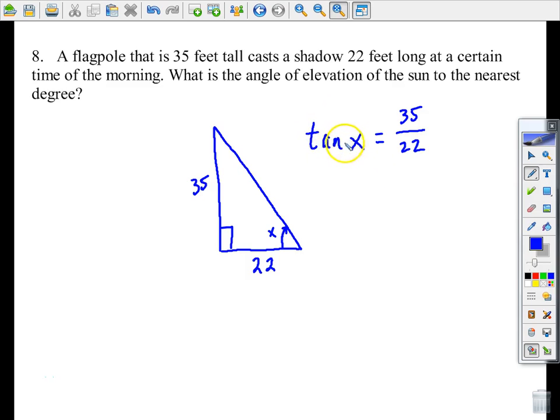Right now, think of these as being multiplied together. So to solve for x, I'm going to do the inverse tangent function. So I grab my calculator and I do second tan, and in the parentheses I'm going to do 35 divided by 22, and I get 57.8477, but the directions say to the nearest degree. So to the nearest degree, this angle would be 58 degrees.